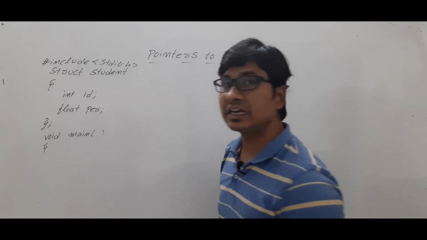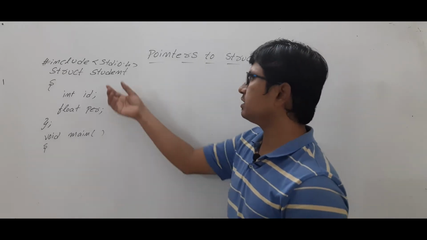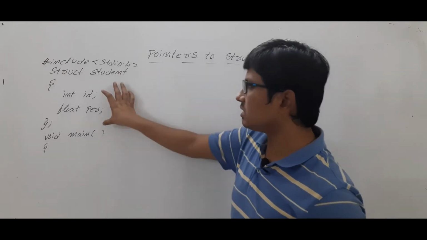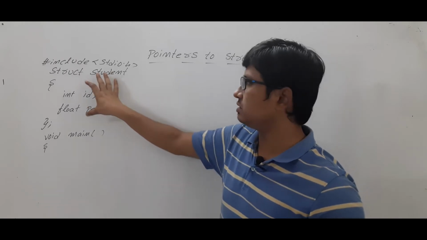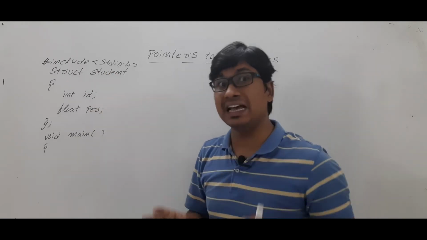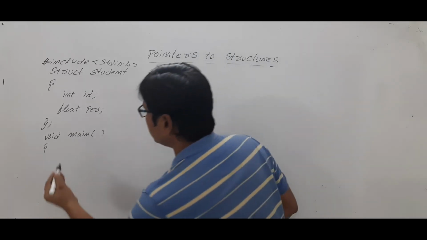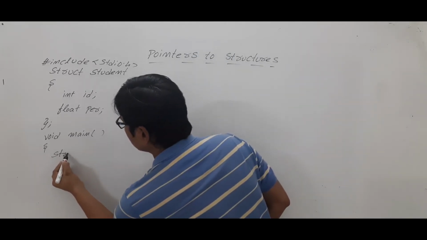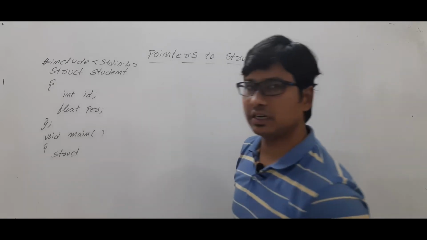Now I want to declare the variable of a structure called student. Unless I declare a variable of this structure, memory will not be assigned. Is it clear? So how to declare a variable of struct student?